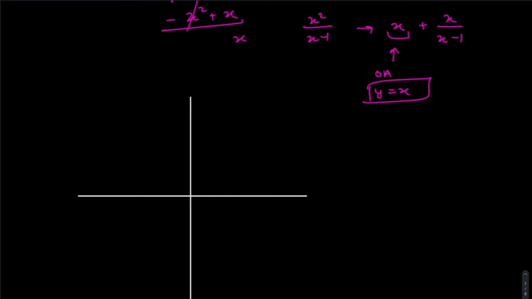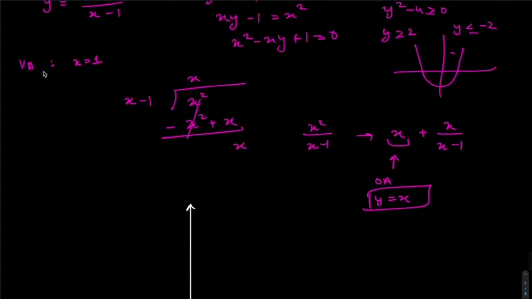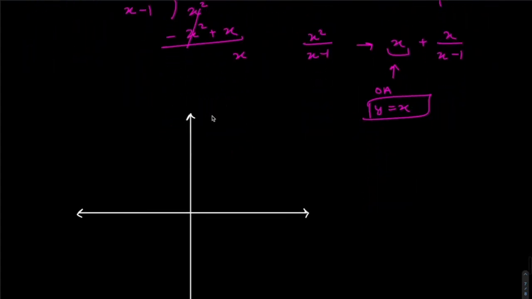One of my asymptotes is going to be x equal to 1, somewhere like here, with dotted lines, like this. To find the oblique asymptote, as I'm drawing, I'll explain this one more time.